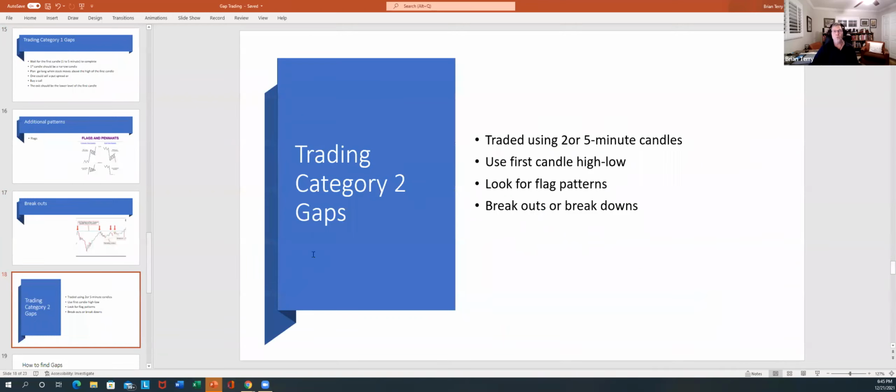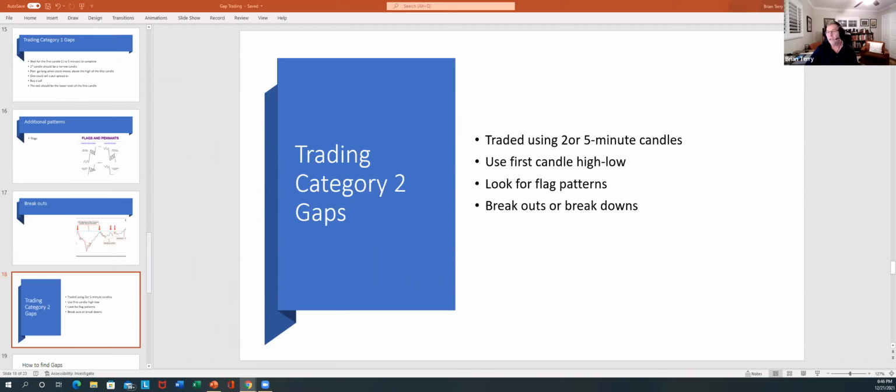Okay, so just moving along to trading category 2 gaps. What we would probably want to do is use more of the 2 or 5 minute candles, and give it a little more time to figure out what it's going to do after the open.